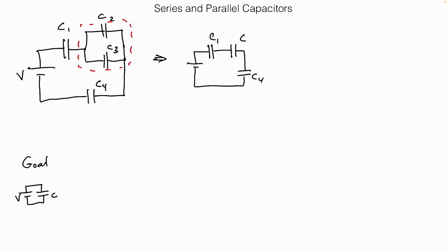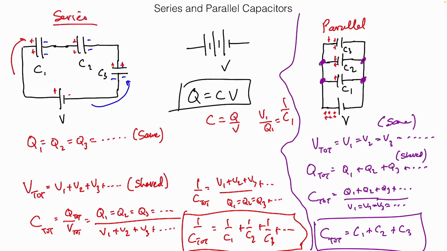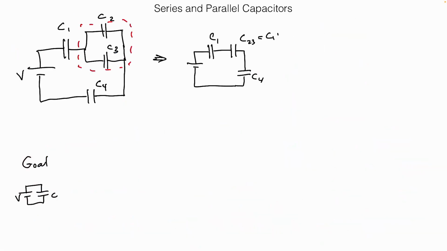We'll label it C23. What is C23? It was a parallel connection, and what do the parallel rules say I do with the capacitance? I add them together. On Monday we're going to put numbers to these things. I'm stepping you through it once, and then we're going to do it again so we get more familiarity with it. But we would add those two together.